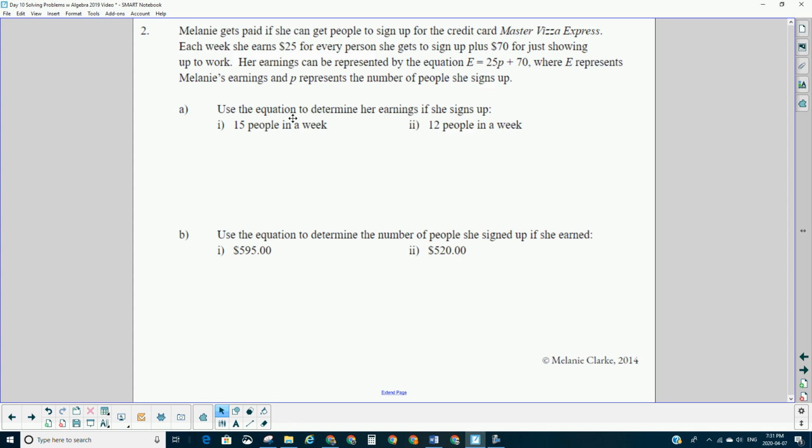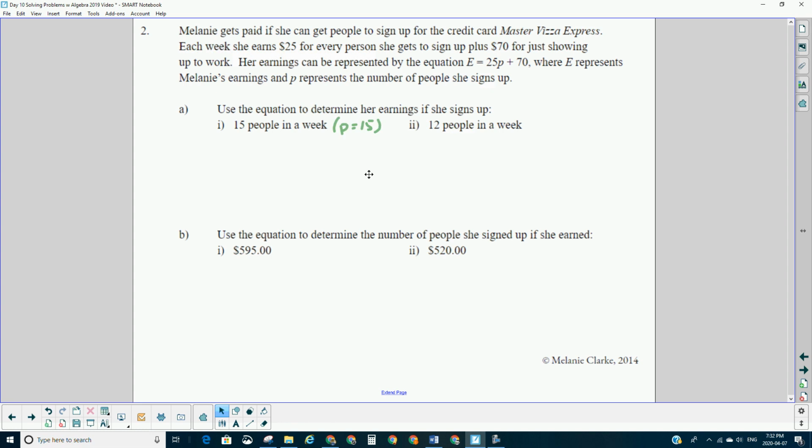So you'll notice in the second example, we don't have any questions done for us. We have to do them all. So on your worksheet, you'll need to do the same thing.